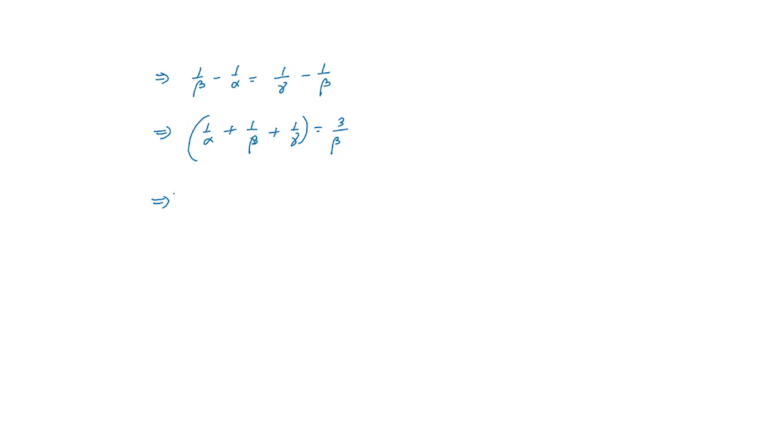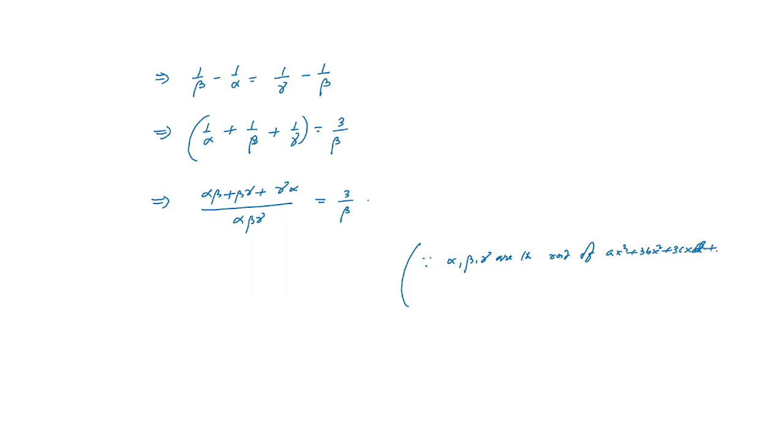And that implies (alpha beta plus beta gamma plus alpha gamma) by alpha beta gamma, this will be 3 by beta. So now, since alpha, beta, gamma are the roots of ax cube plus 3bx square plus 3cx plus d equals to 0, what is alpha plus beta plus gamma?